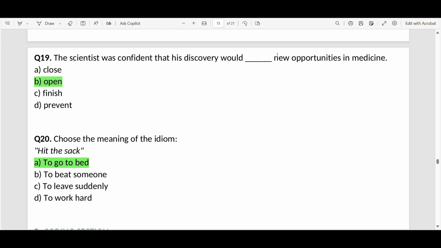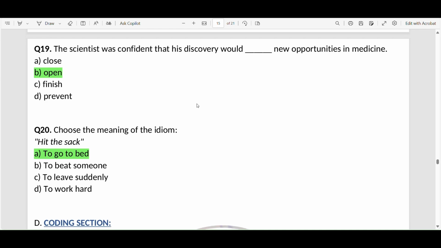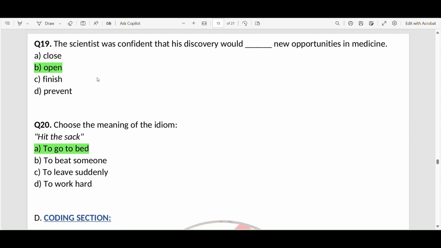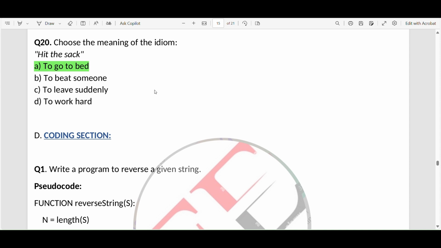When his discovery finishes new opportunities, why does the scientist need to be confident? That's wrong, so option C is also gone. And preventing new opportunities has the same meaning. Preventing new opportunities is not a good idea, so the scientist would not be confident enough. So the correct option will be option B, open.